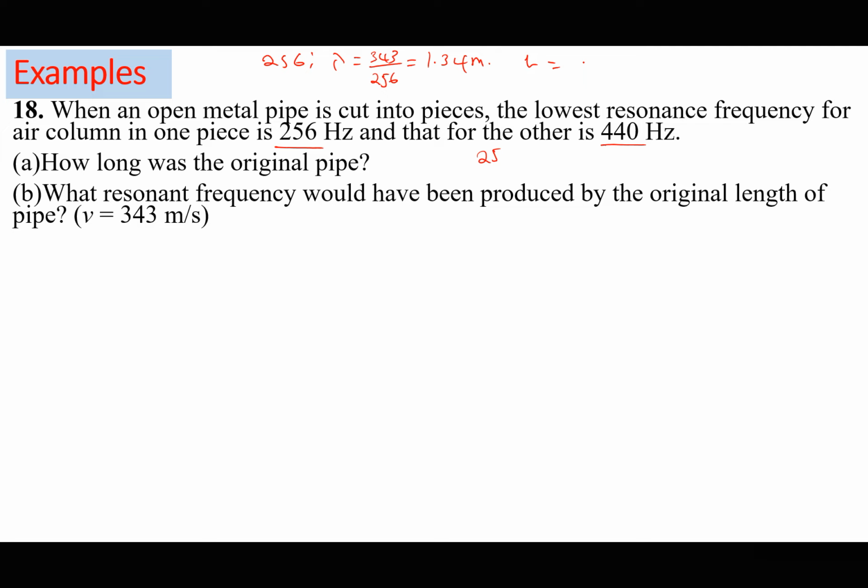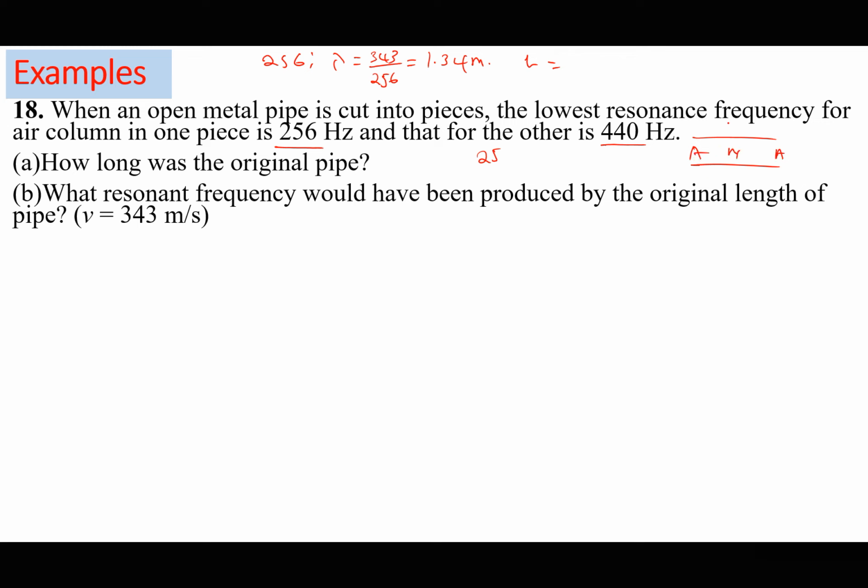What is the length of the pipe therefore? Remember, an open metal pipe is cut into pieces, and the lowest resonance frequency for the air column in one piece is that. So this is an open pipe. In its fundamental mode, we have an antinode here, an antinode there, and a node between.